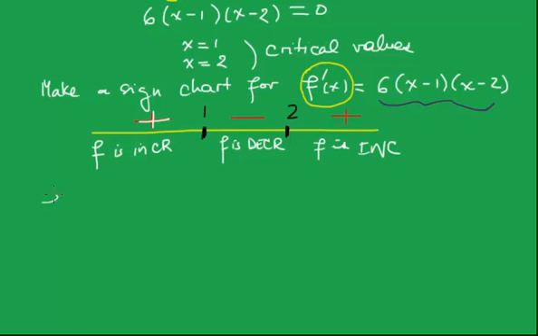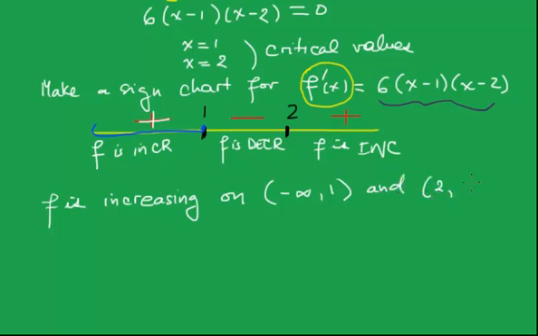So the conclusion: f is increasing. I'm not saying f prime is increasing, it's f. f is increasing on the interval from negative infinity to 1, and from 2 to infinity.